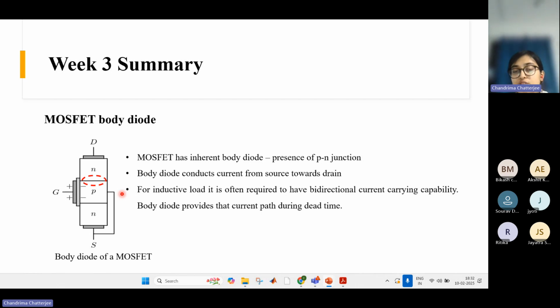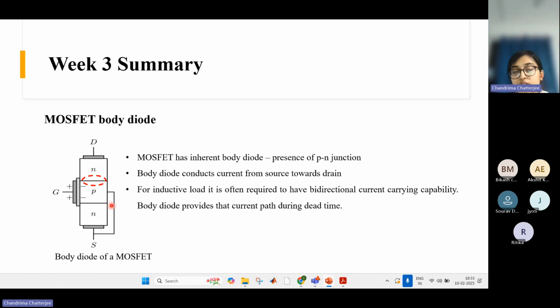Then there will be a huge di/dt, and that will cause the devices to get damaged, right? So to provide a path for the inductive load, there is a requirement that the devices have to be bidirectional, right?